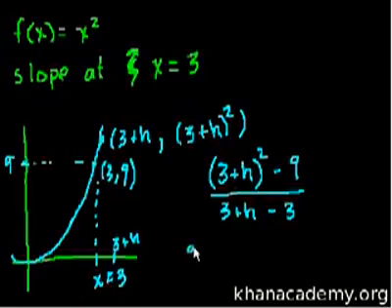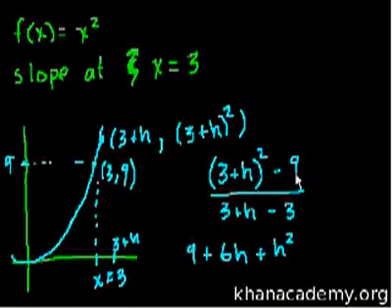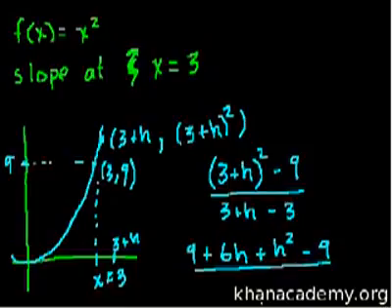That's 9 plus 6h plus h squared, and then you get the minus 9, and all of that is over, well, this 3 and this minus 3 cancel out, so all you're left with is h. And this 9 minus 9, they cancel out, right?